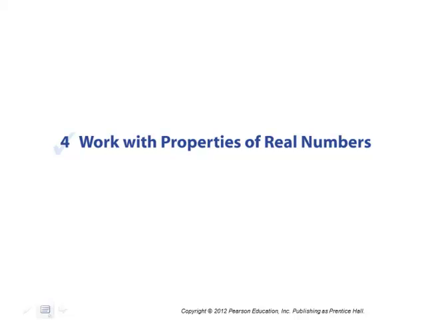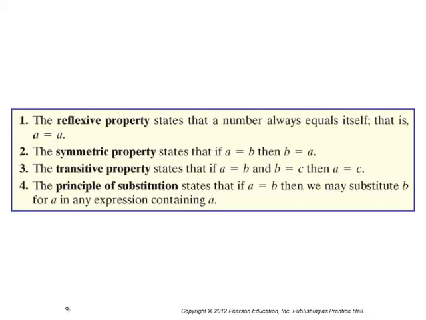Now, let's take a look at some properties of real numbers. Properties are basically things that hold true all the time. All right, so first of all, we have the reflexive property that says for any real number, it's equal to itself.